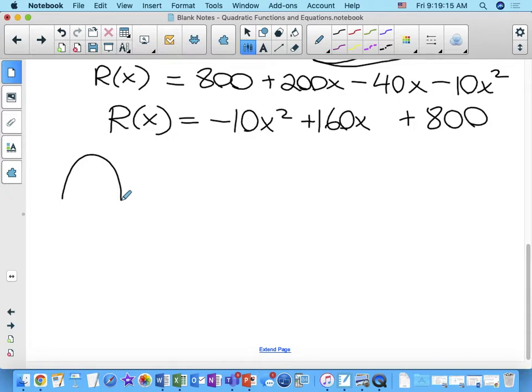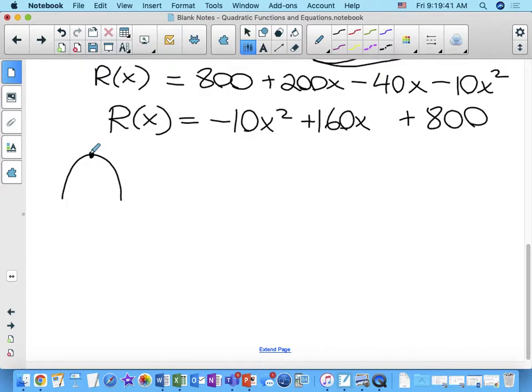That means it has a maximum point. Okay? If r of x is on the y-axis and x is on the x-axis, the y-coordinate of the maximum point is our maximum revenue. And so that's why the coordinates of the vertex are very useful to us.